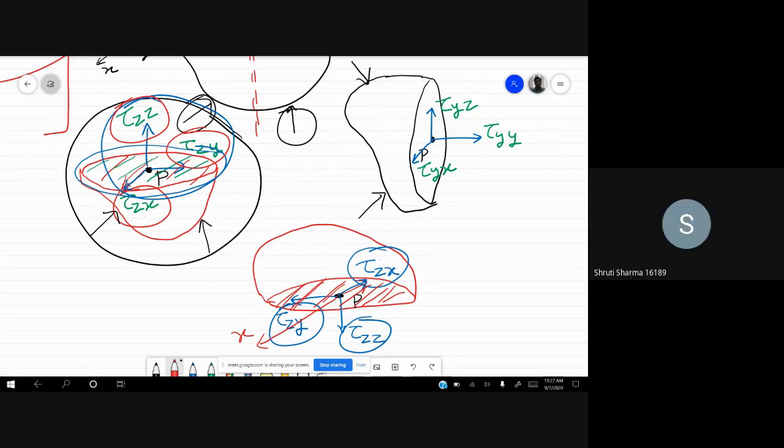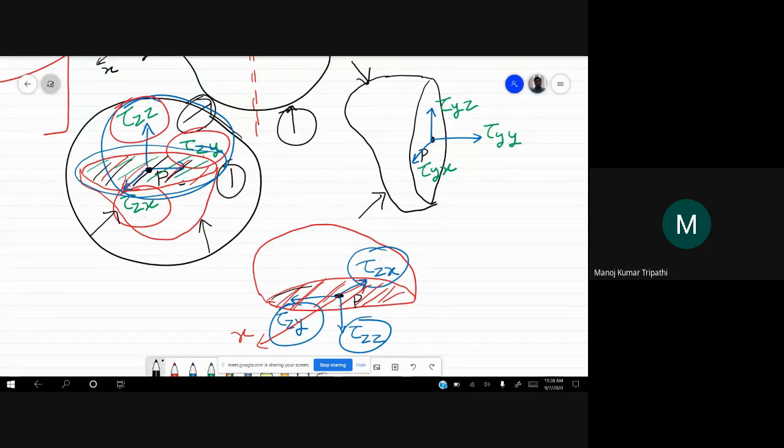But sir, if the body is not in equilibrium, then we can't define this. Then we need some other component. Okay, even if the body is not in equilibrium, the forces are defined on the same plane. So these forces are going to be the same. We are not talking about a surface shifted away from this surface.